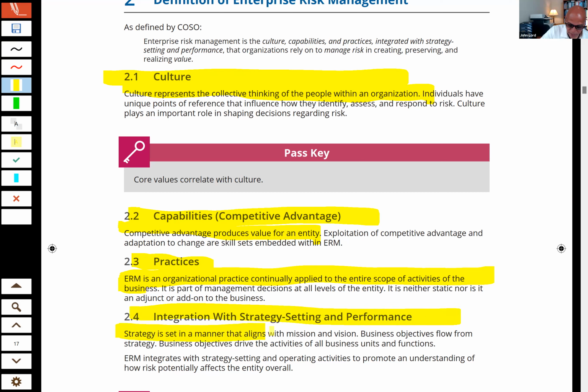Strategy is set in a manner that aligns with the mission and vision, and business objectives, of course, flow from strategy. Basically, this is a holistic way of looking at how we're going to run our business to create value. The creation of value creates risk. How do we manage those risks in the ultimate creation of that value?